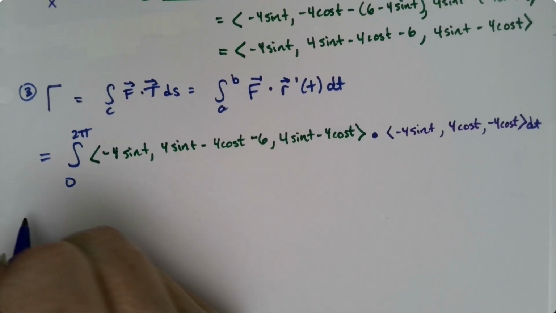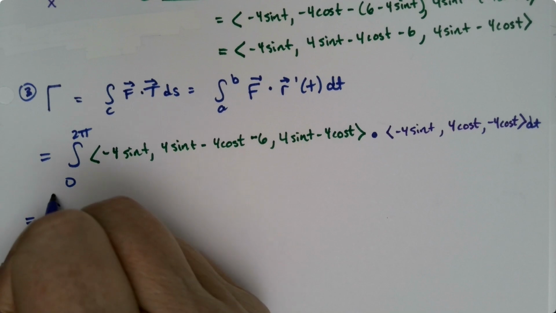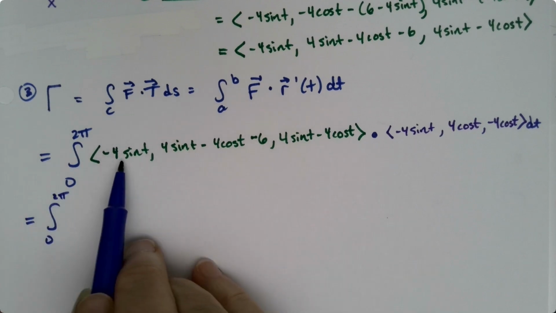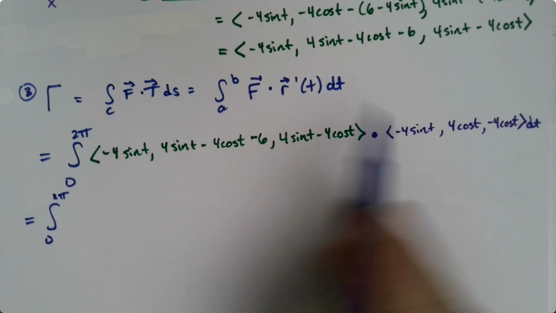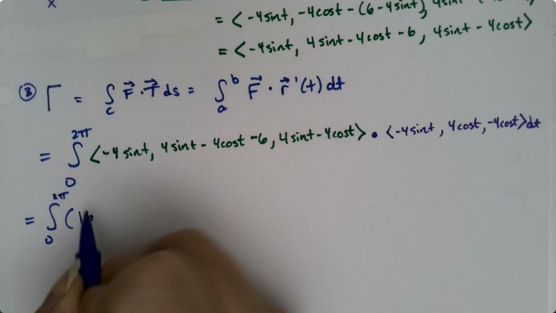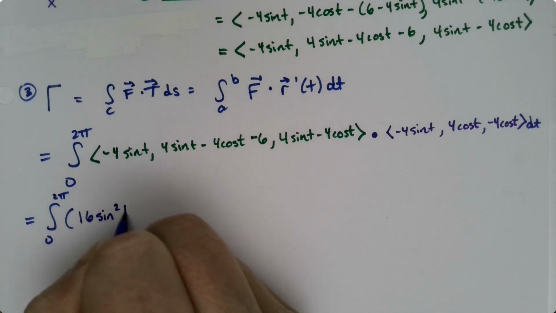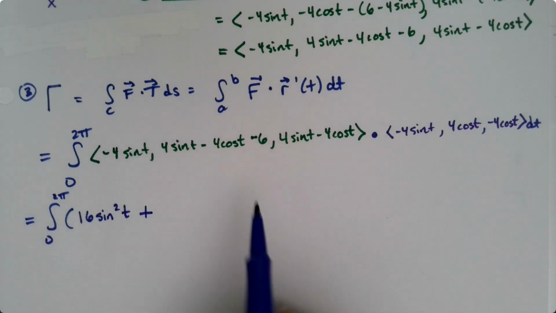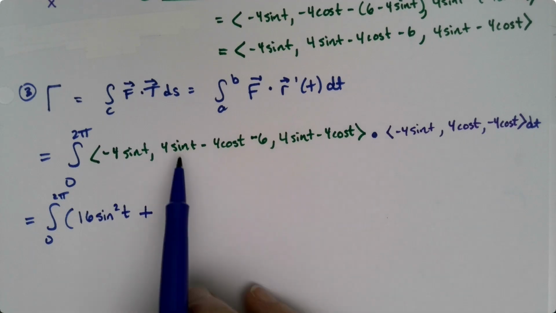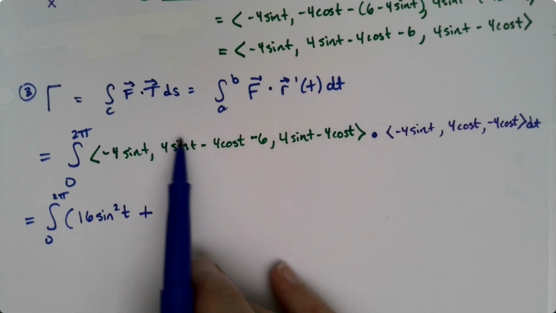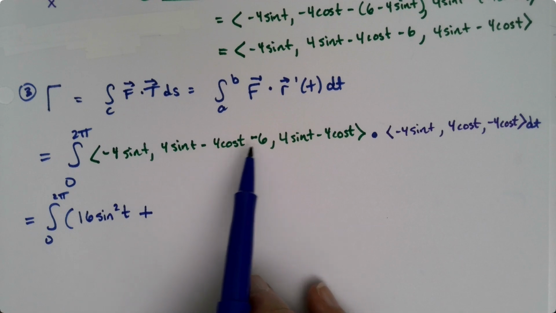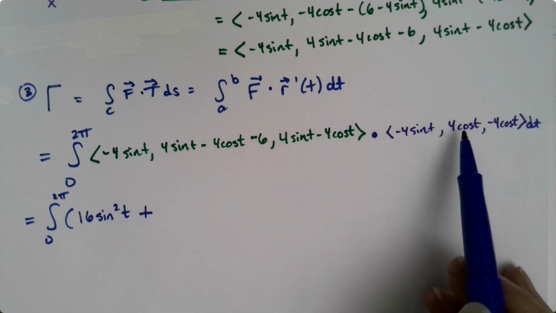All right, so let's start multiplying. 0 to 2 pi. So negative 4 sine times negative 4 sine is 16 sine squared t plus, all right, 4 sine t minus 4 cosine t minus 6, all times 4 cosine t.